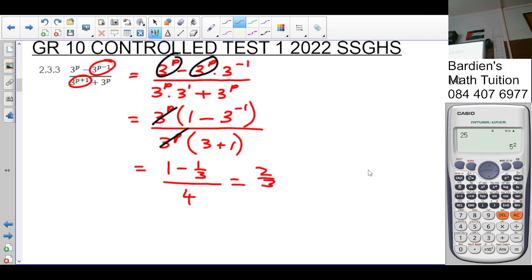Divided by 4, which is multiplied by 1 over 4. Remember that is a divide, so I tumble and times. 2 goes into 2 once, 2 goes into 4 twice. 1 times 1 is 1, 3 times 2 is 6.